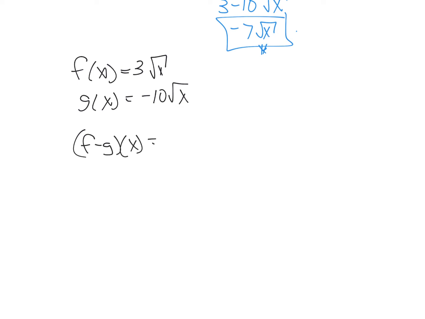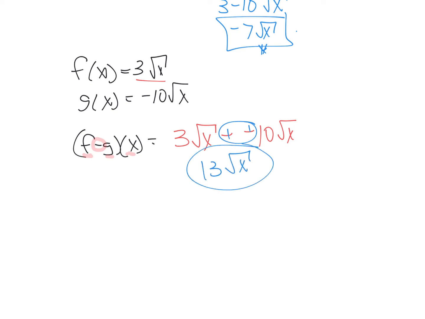And so we're going to say, okay, what happens when I take the function of x and I subtract it with my g of x? What do we do here? So we're going to take our 3 square root of x minus, now I have a negative 10 square root of x. And hopefully we know when we have two of those negatives, we're going to add that. So this becomes 13 square root of x.